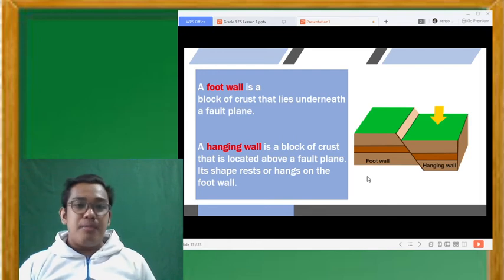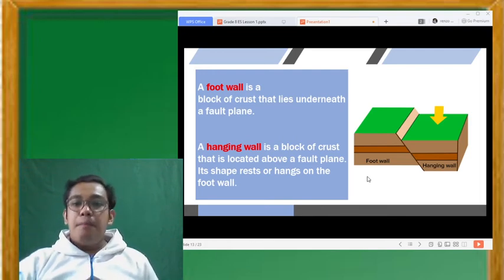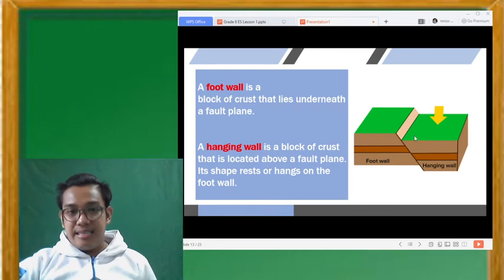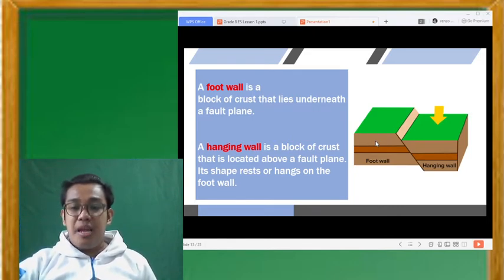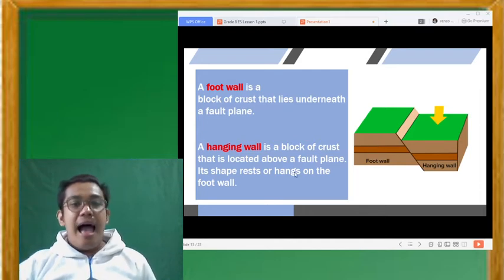A footwall is a block of rock that lies underneath a fault plane. When you say underneath a fault plane, this is the footwall. As you can see in this figure, it is the part of the crust that remains in the same position.